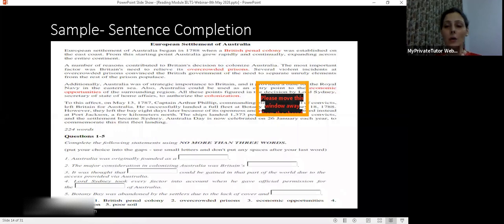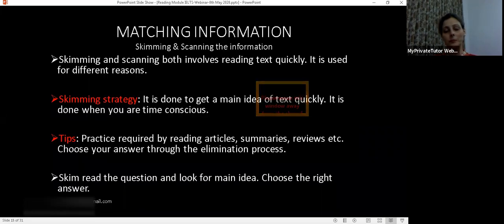This is how you are going to follow the instructions, the tips, and the strategy. Then comes matching information, which involves skimming and scanning. What is skimming?